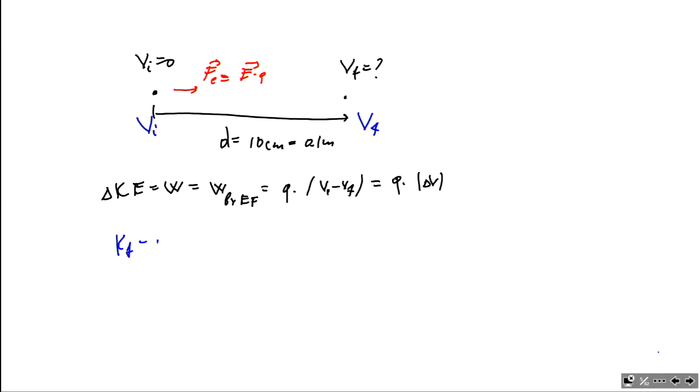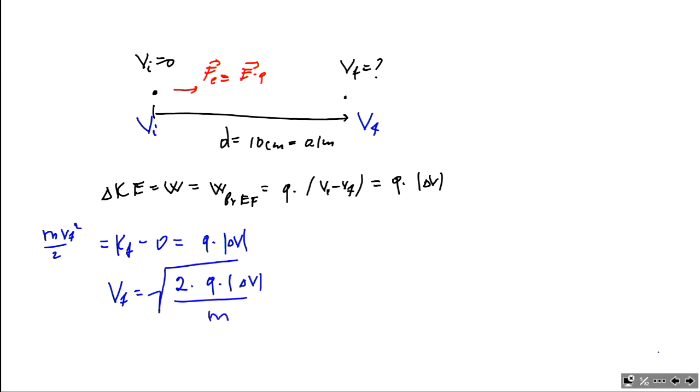Kinetic final minus 0 is equal to charge times potential difference. And that is equal to m v final squared over 2. And we know mass. So to calculate final speed, we need to do 2 times charge times potential difference divided by the mass and the square root of that. Well, the only thing we don't know yet is potential difference.